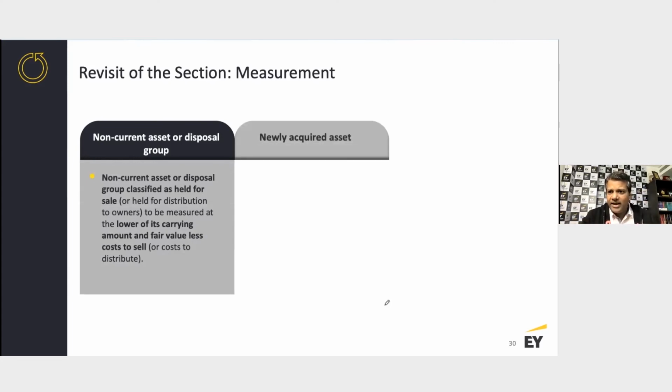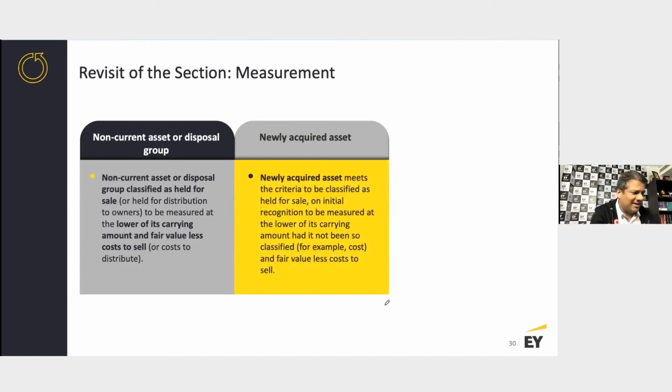A newly acquired asset can also be eligible to be classified as held for sale if that is the intention, that you intend to realize this within the next 12 months. And there is a slight degree of deviation in the rules, that here, even though the asset is not ready for sale in its immediate condition, only for a newly acquired asset, right?